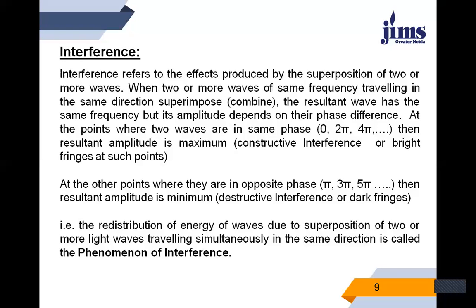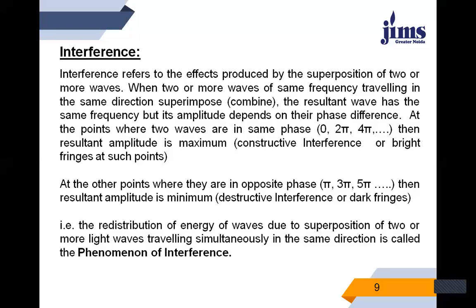At the point when two waves are in the same phase, meaning the crest of one wave falls over the crest of another wave, or the trough of one wave falls over the trough of another wave, then they are in the same phase. That means the phase difference between the waves is 0, 2 pi, 4 pi.